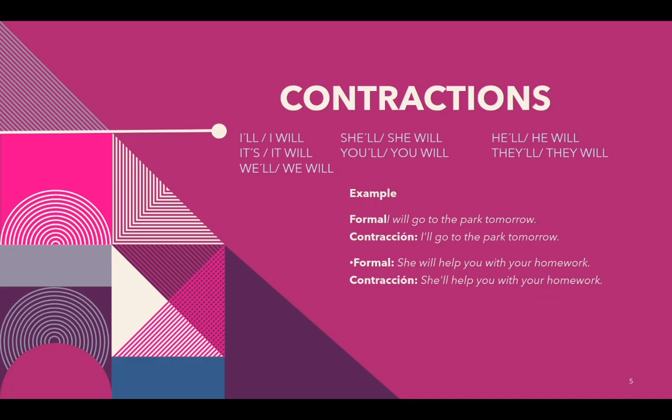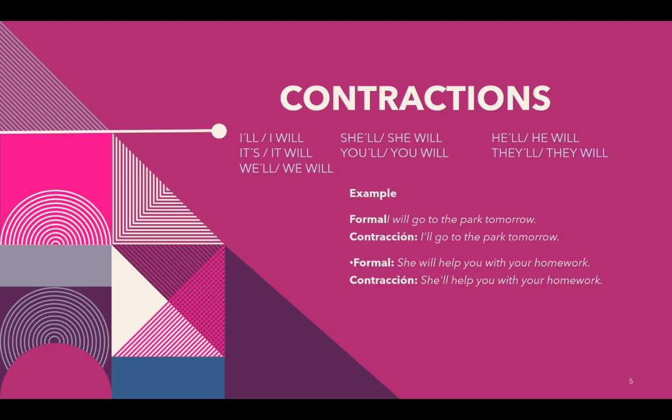Then I teach the contraction. Remember the contraction? It has two words, and in this case we use the contraction to combine two words: the subject and the auxiliary will.